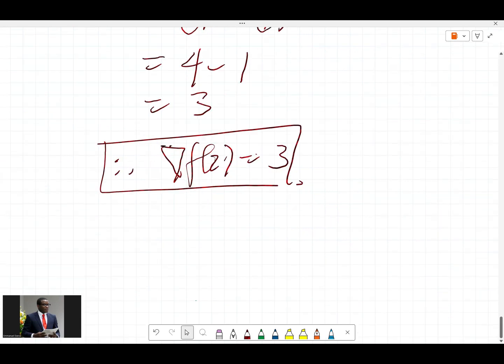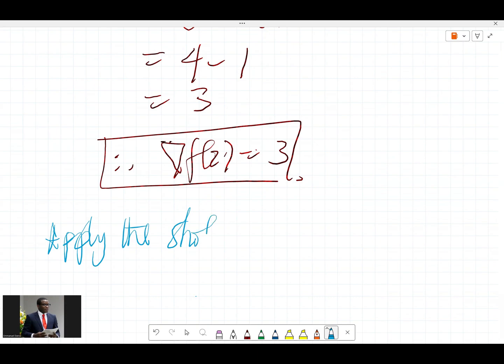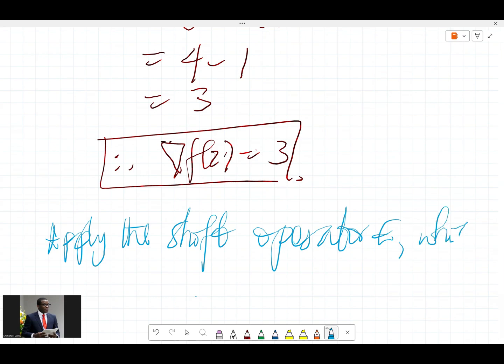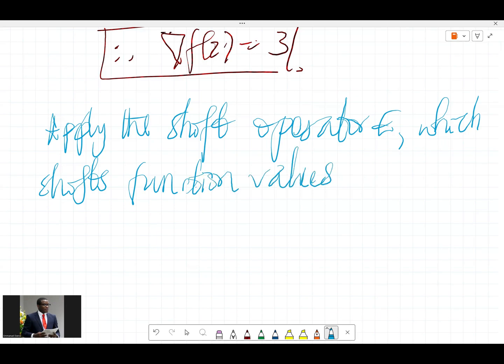So the next thing we want to do is to apply the shift operator E, which shifts function values forward.